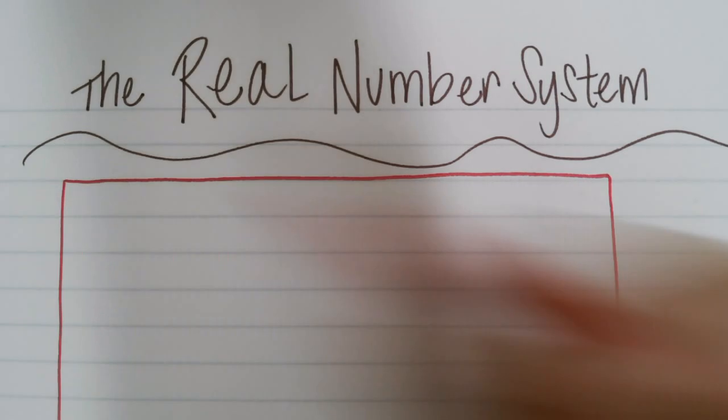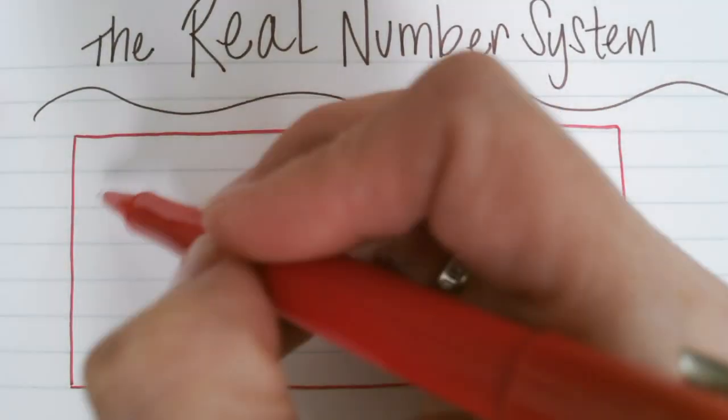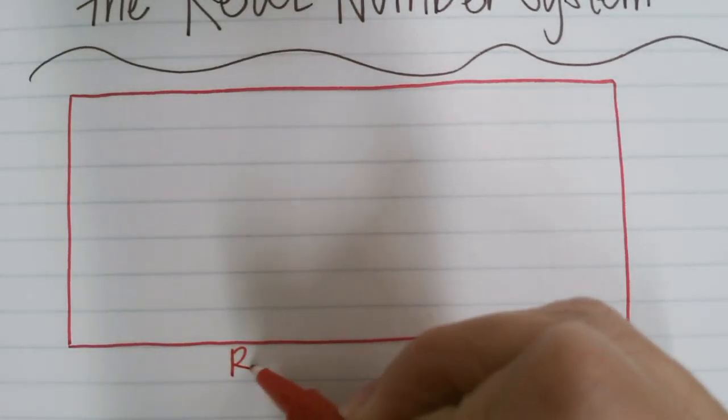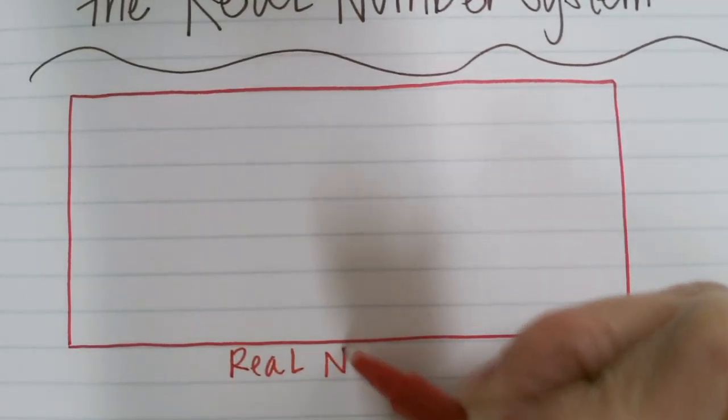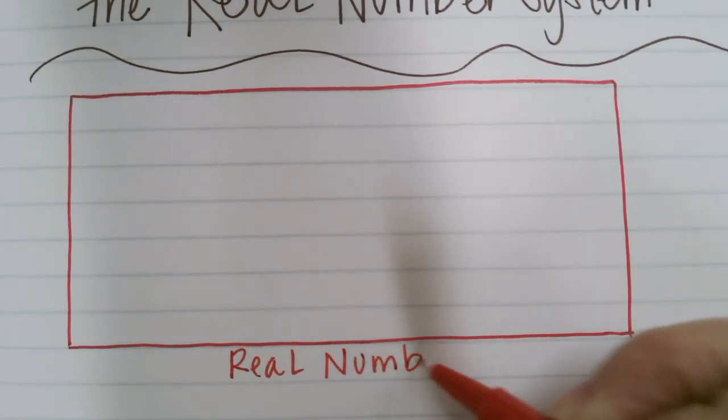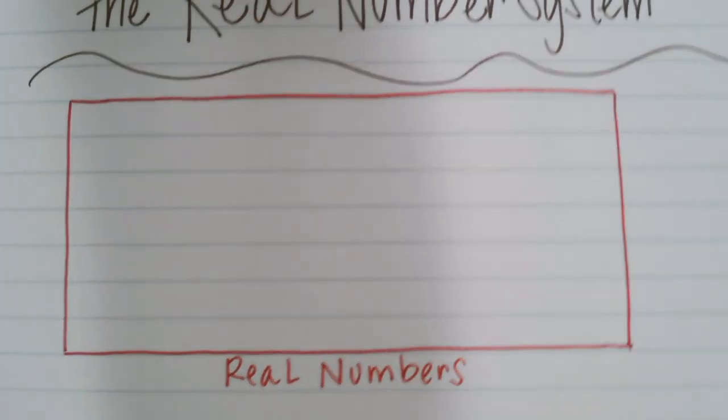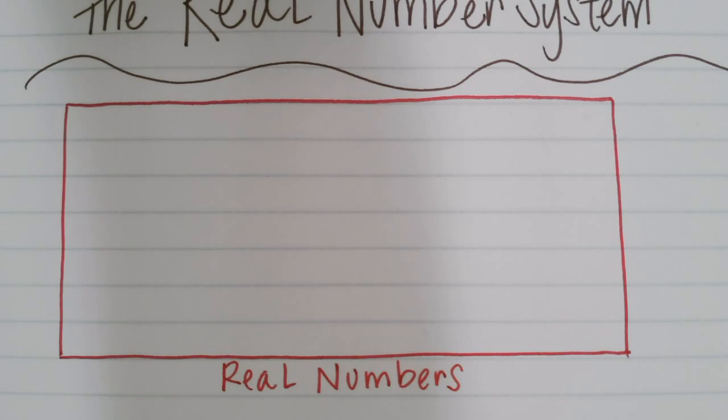So in this rectangle are the real numbers. So these are all of the real numbers. Again, there are numbers that are called imaginary numbers, and you'll be learning about those later. So right now, everything that you know is a real number.